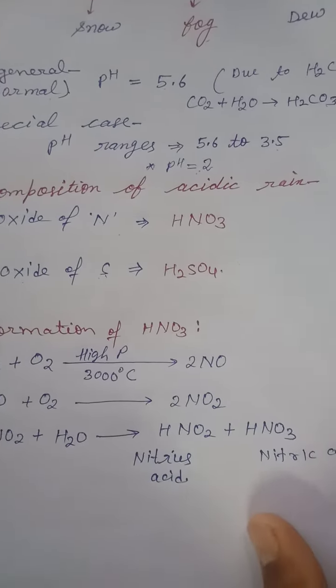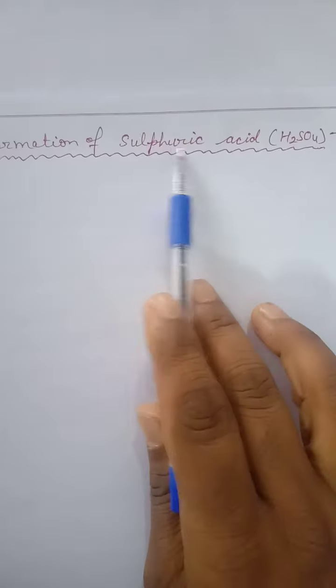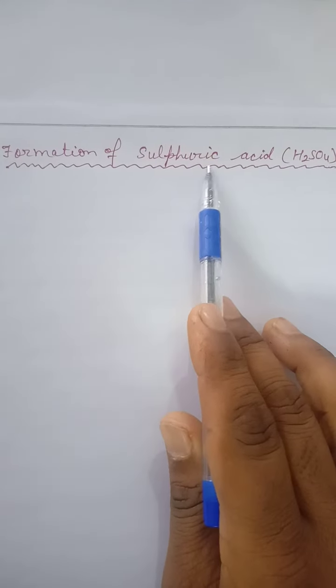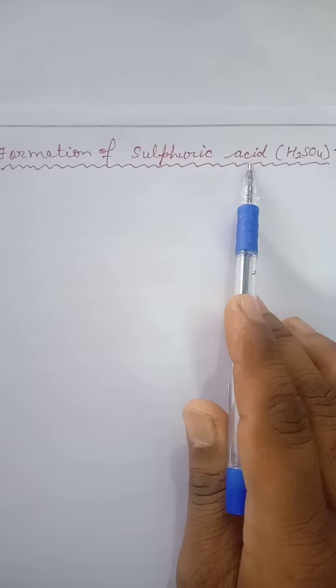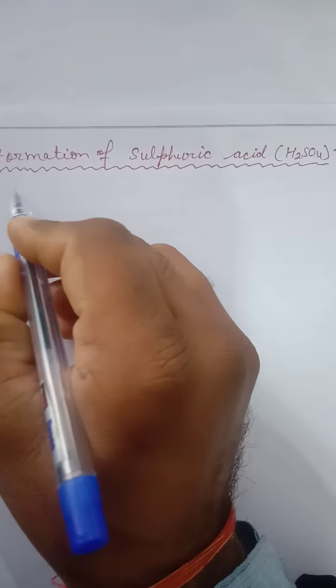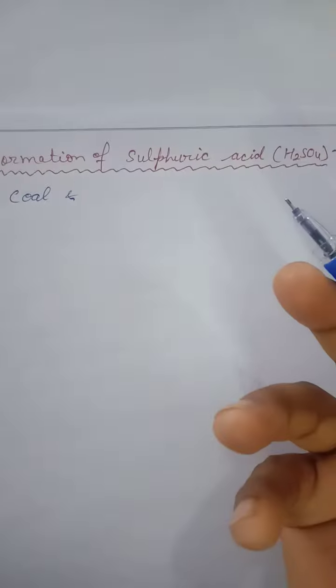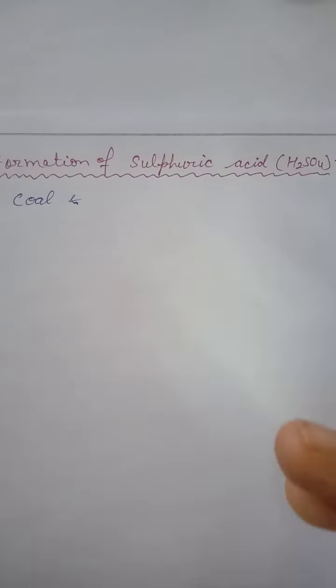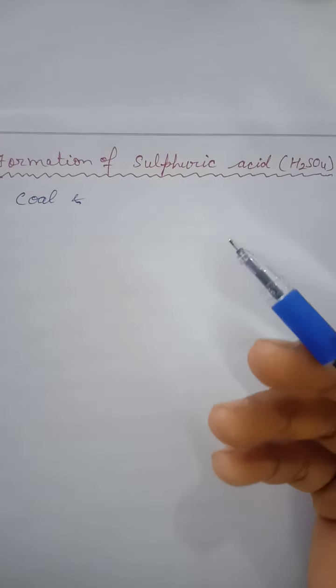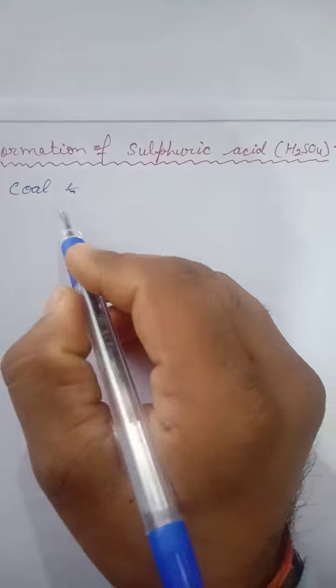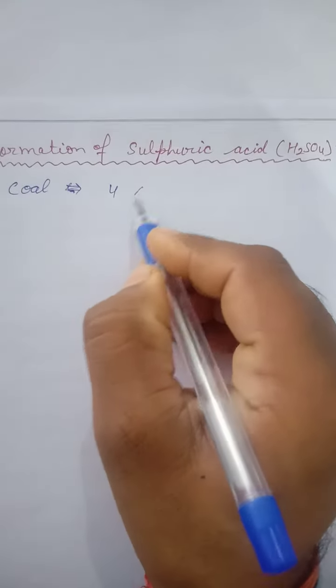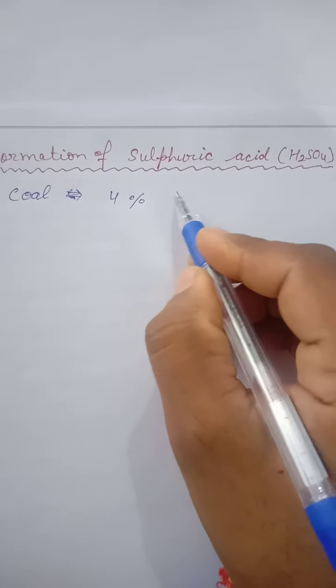Now we will see the formation of sulfuric acid. As you know, coal and petroleum products, and coal used in power plants, contain 4% sulfur.